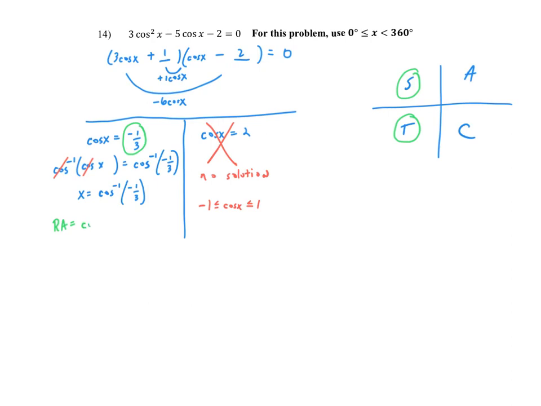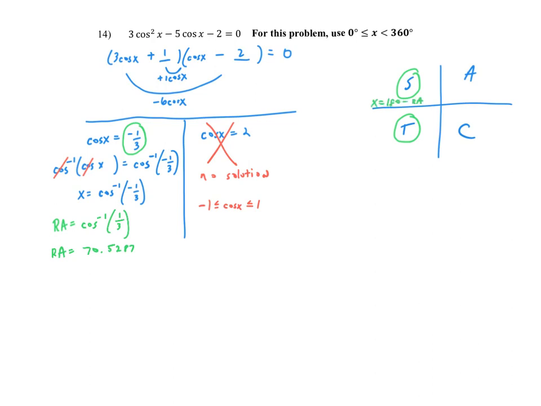And to find the reference angle, we're going to plug inverse cosine of +1/3 into our calculators. Our calculators are giving us a nice acute angle, 70.5287. 4 decimal places will be good enough. We'll give our answer to the nearest hundredth.